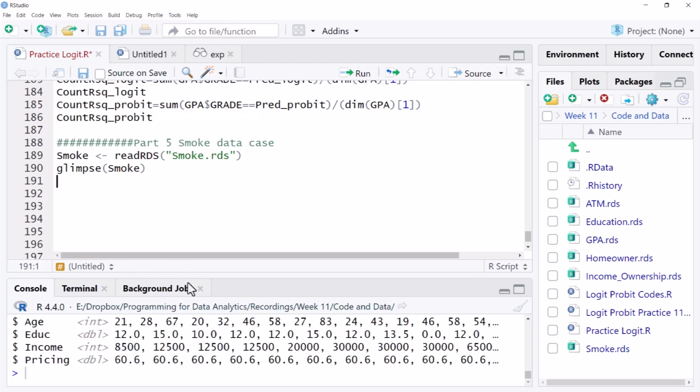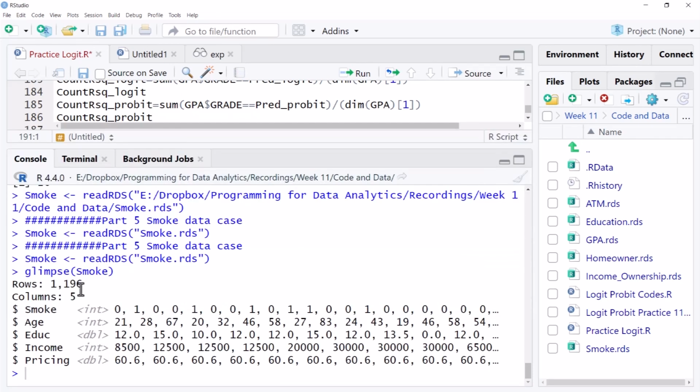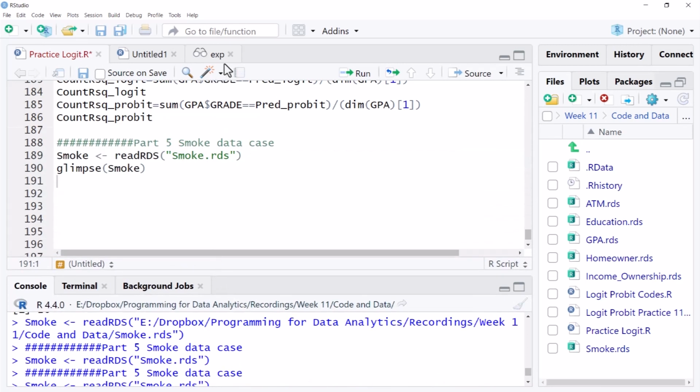Let's see the variables. This data contains 1196 observations. First, the smoke variable, whether a person is a smoker or not. Then you have his or her age, education, years of formal education, income, and pricing of cigarettes. So these are our data points. Let's start with the exercise.